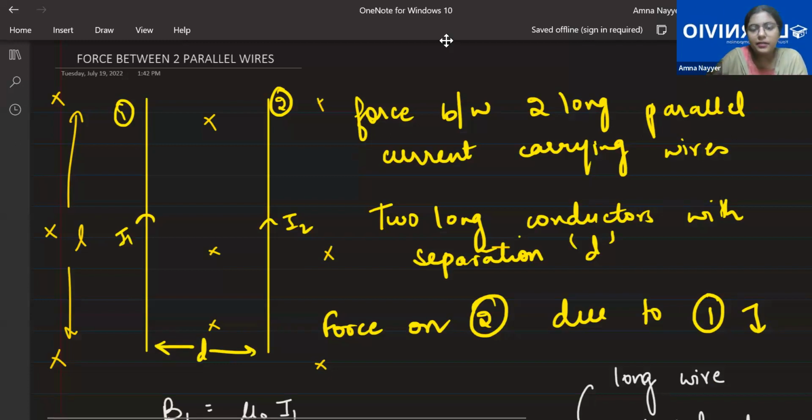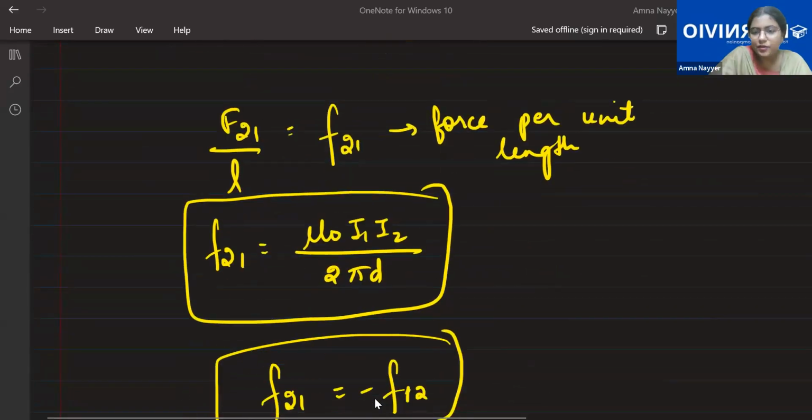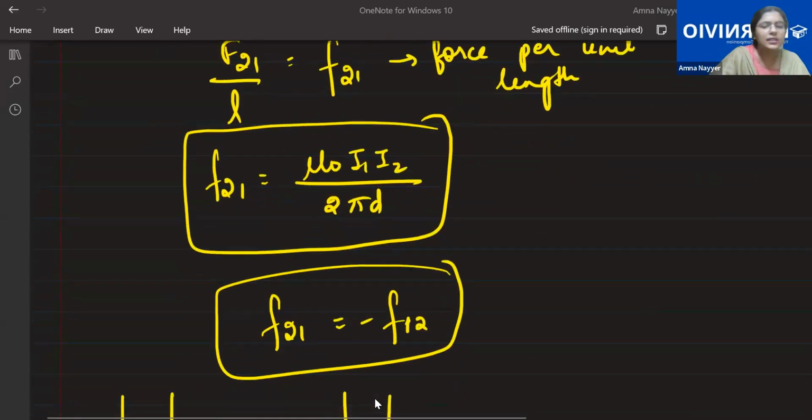Coming back to the chapter, force between two parallel wires we have done. Zainab, you're joining after a long time. What happened? Exams are going on. No, now you must have the vacations then.